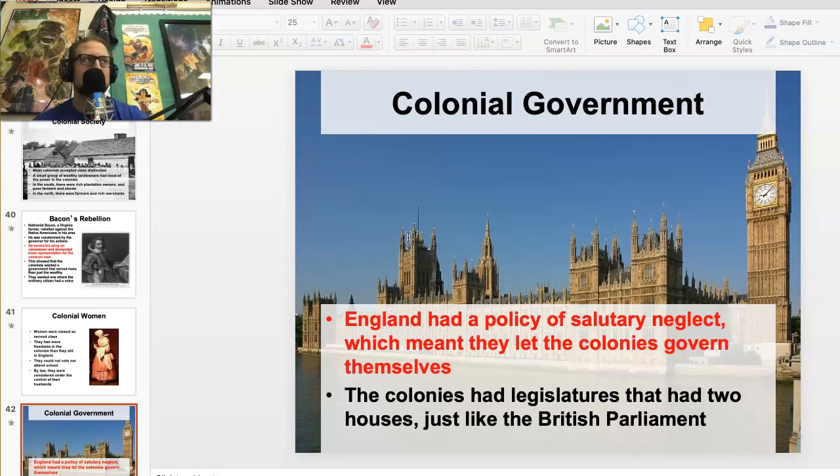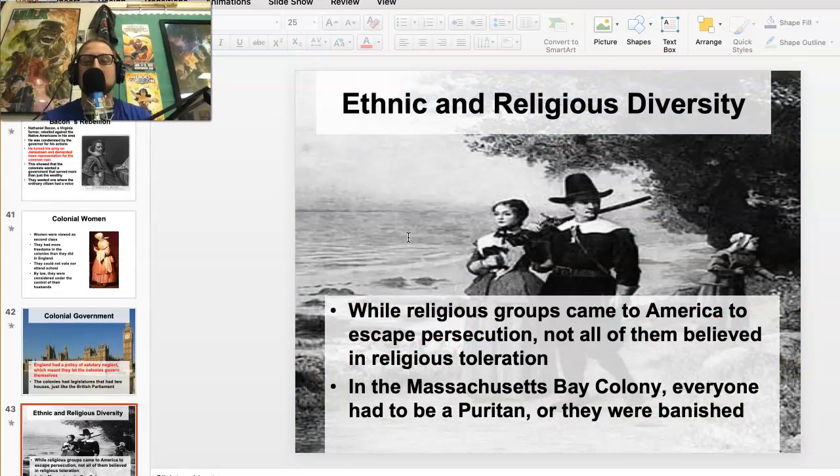The problem is, with this neglect, what you have is the colonists thinking, hey, they don't care about us and they're not bothering us. They must not care. They're neglecting us. And really, they need us and that tax money and our crops more than we need them. And this kind of puts the notion in their heads that they could be independent.